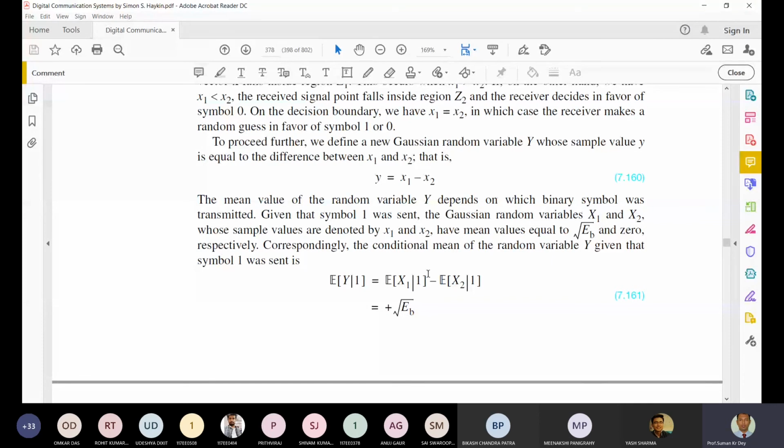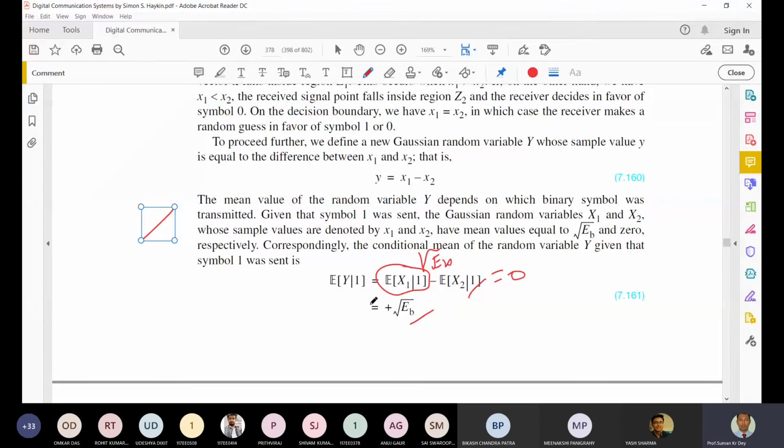The mean value of the first term is square root of Eb, and the mean value of the second term is 0. So the mean value of E[Y|1] is plus square root of Eb, when we are transmitting symbol 1.